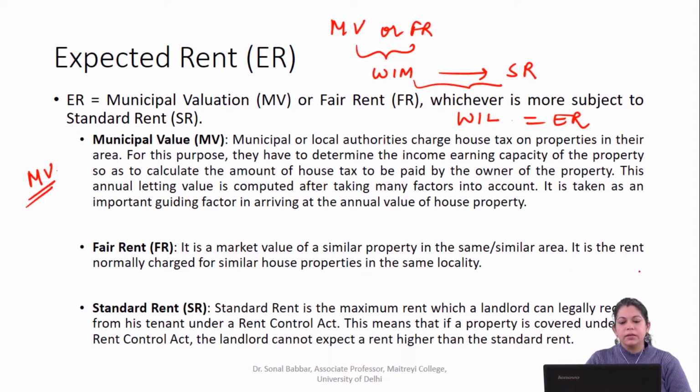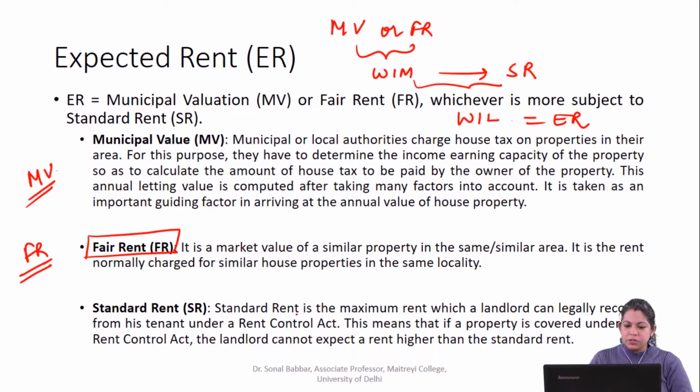Maybe I locate a similar property in the area, let us say Amar Colony, and I compare the two localities. Since the localities are nearby and similar house properties are there in those areas, it will let me know the rent which is normally charged for such house properties in such localities. So that will give me the amount of fair rent. So that is the second figure.